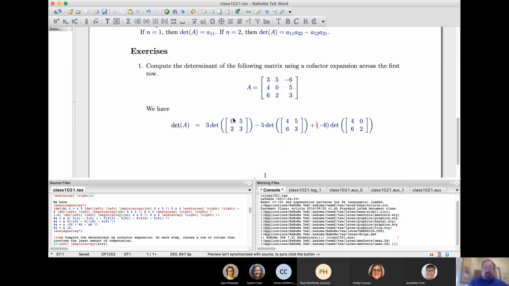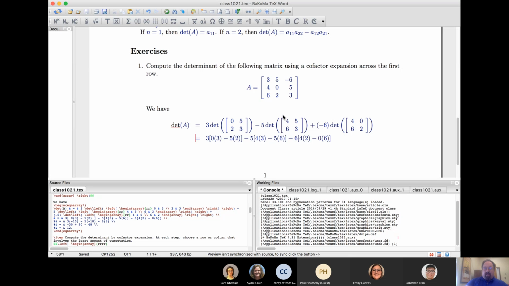So what remains now is to take the determinant of each of these 2 by 2 matrices. For that, we have the formula for the determinant of a 2 by 2. We multiply the diagonal entries, the 0 and the 3, minus the product of the off-diagonal entries, the 5 and 2. That's the determinant of this matrix.